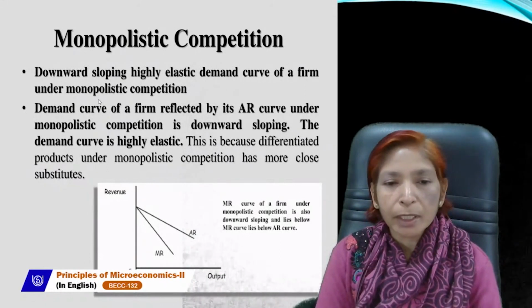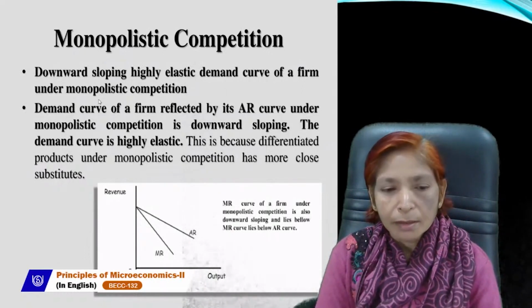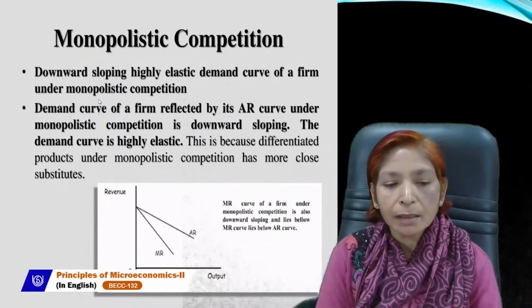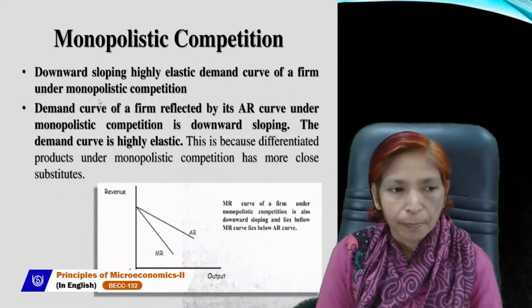In a perfect competition market, AR/MR remains always the same, a horizontal line parallel to the x-axis.